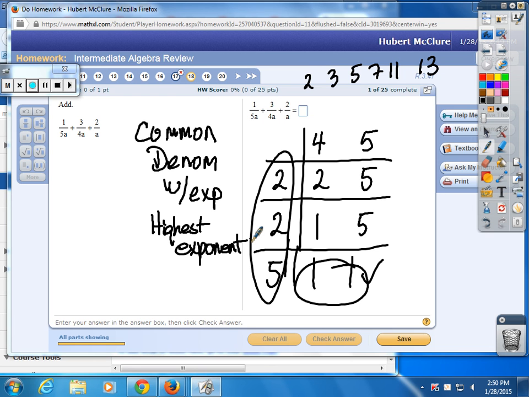So, what's your common denominator of 5 and 4 and 1? 20. What's your common denominator of 8 to the first, 8 to the first, and 8 to the first? 8 to the first, Hubert. Yes. So the common denominator of 5a, 4a, and a is what? 20a.